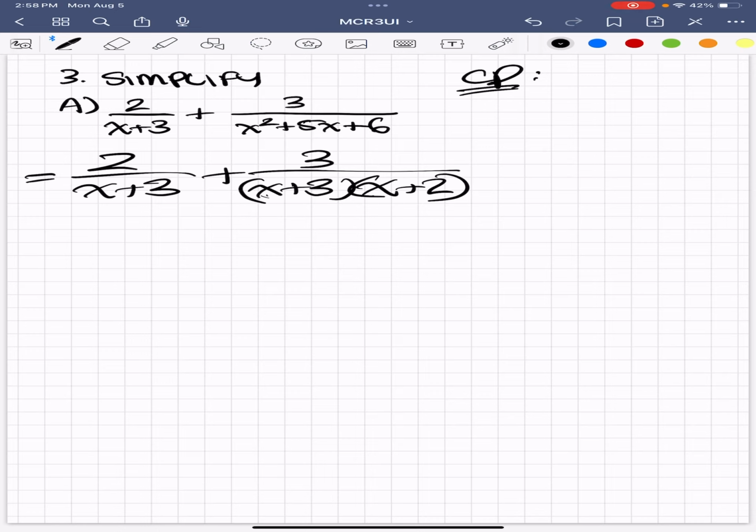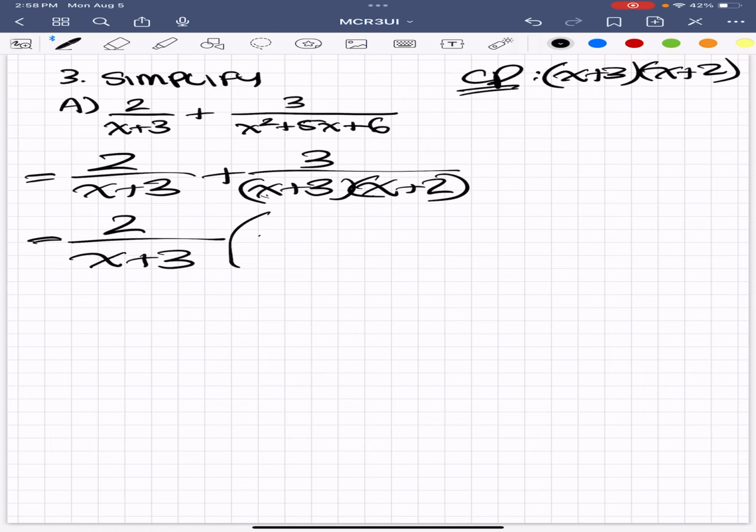So there's that, and then we have our common denominator, which is x plus 3 and x plus 2. So we're going to multiply this piece by x plus 2 over x plus 2.